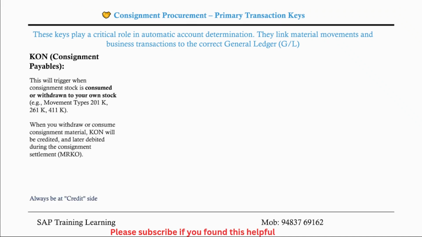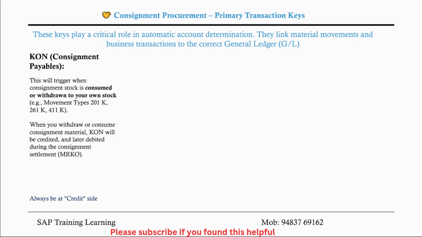This will trigger when you start using the consignment stock. For example, you have a consignment stock in your warehouse, and this account will be triggered when you start using that consignment stock. When I say using the consignment stock, you can use it in two ways. One, you directly use the consignment stock without changing the ownership to your stock.